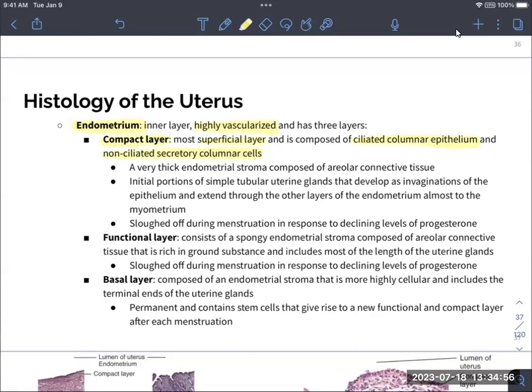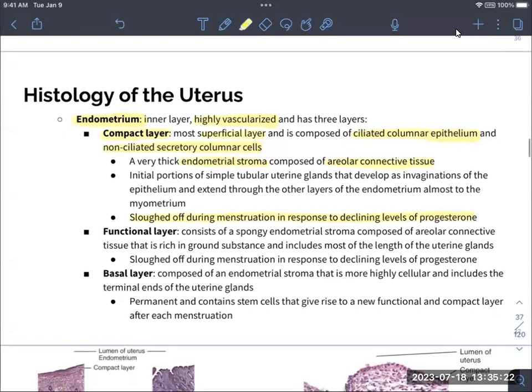We have endometrial stroma within this compact layer of connective tissue. We have these little tubes, tubular uterine glands that start to develop. This is the layer that is sloughed off during menstruation.